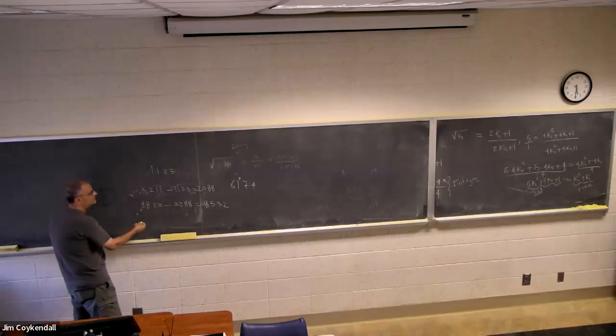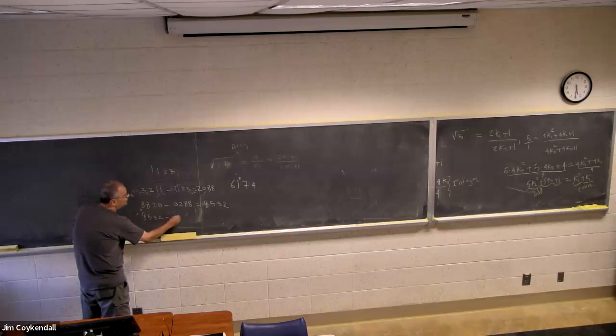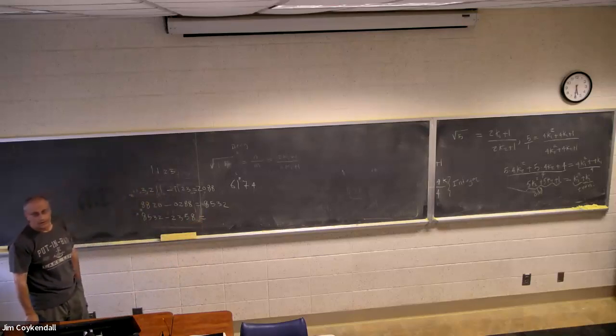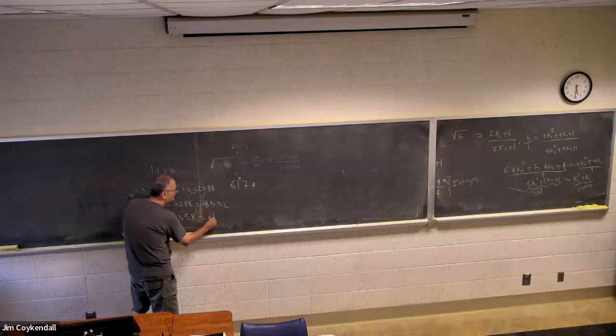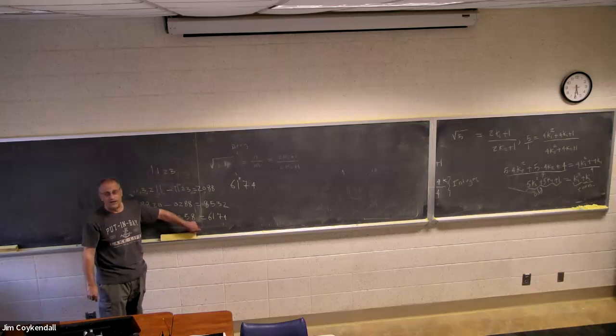Again. So 8, 5, 3, 2 minus 2, 3, 5, 8. What is this number? 6,174. Now try this: minus itself, what are you going to get?